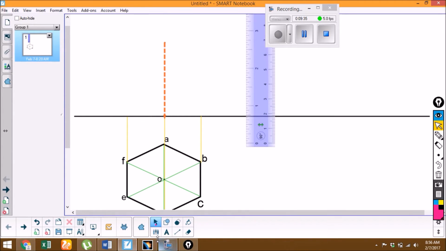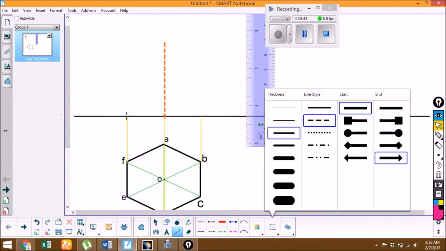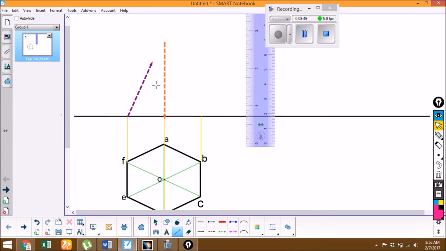Actually we need to draw the axis like this, but the DO edge slant is covering the axis, so we draw the axis as a normal line only. Now we have completed the front view also.